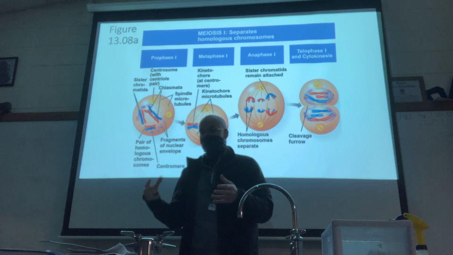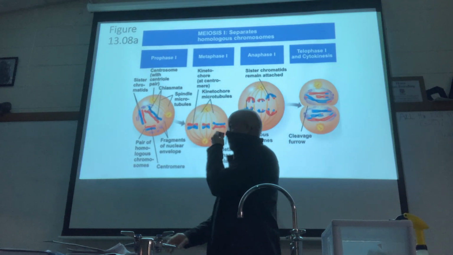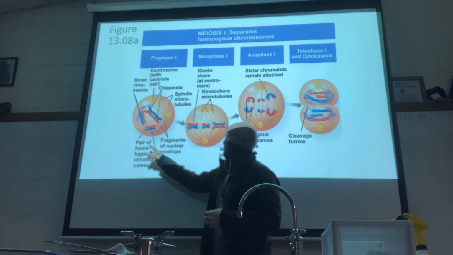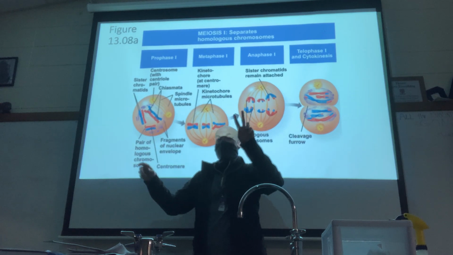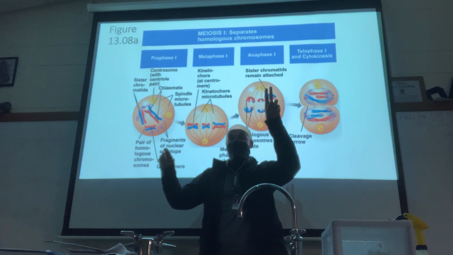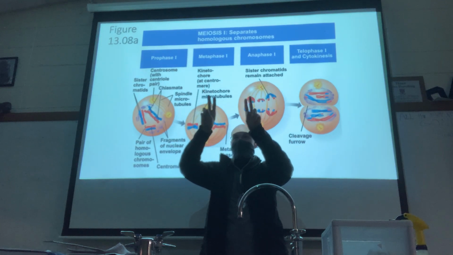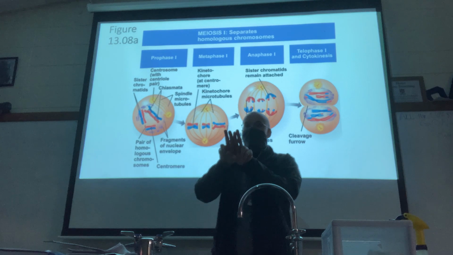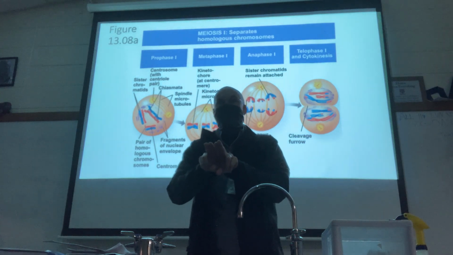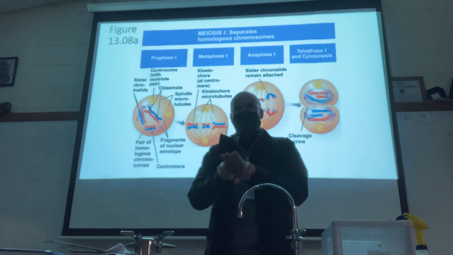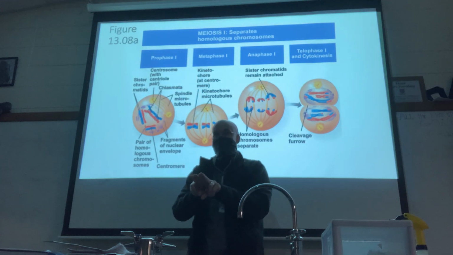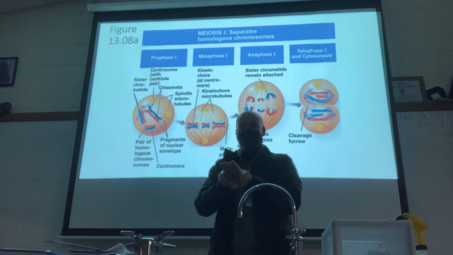This is unusual. Now, remember, these chromosomes are two sisters stuck together, and two sisters stuck together, and they pair up. Your book will use a term called a tetrad. T-E-T-R-A-D. Tetrad.